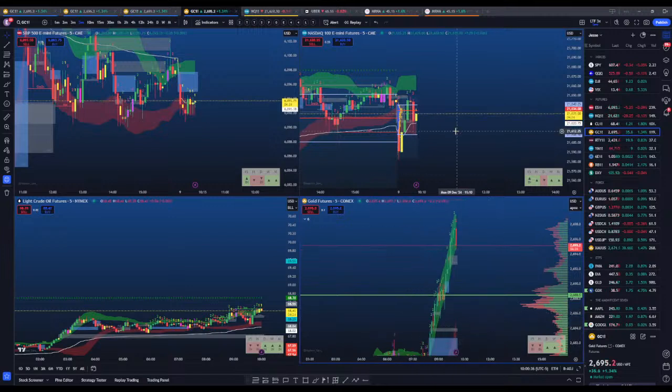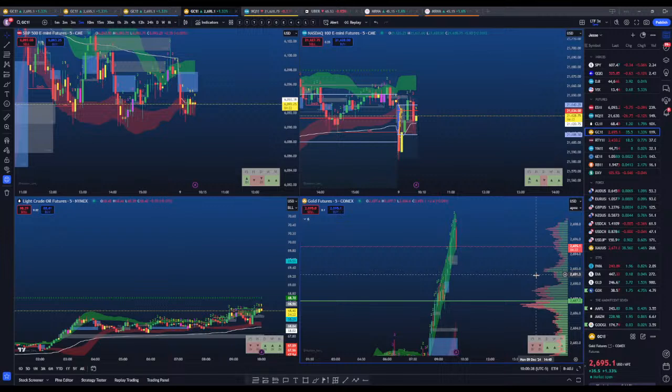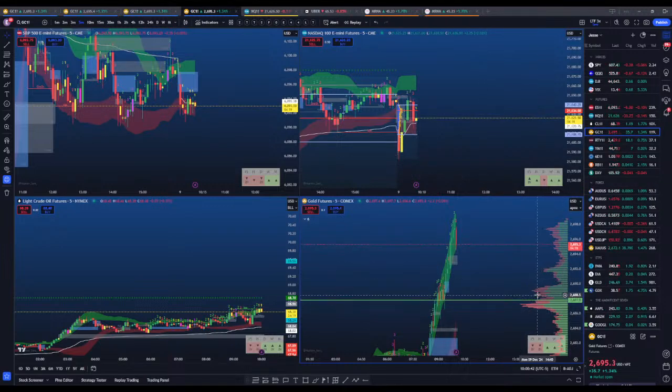I guess it shows the volume shelves, which is what I'm really after. Basically, these little bumps and then nothing and then bumps.